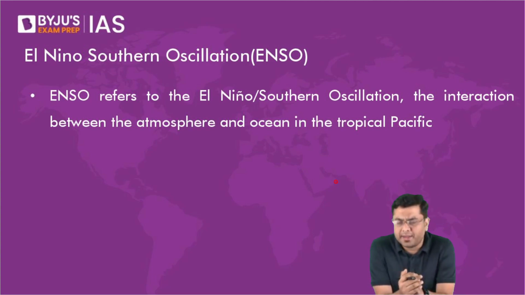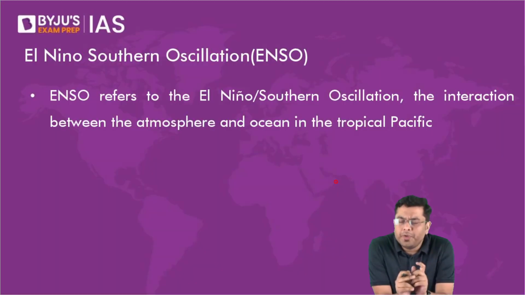When we talk about the region of the Peruvian coastline, as per the Walker circulation, would it receive rainfall or would it be dry? It would be significantly dry, right?